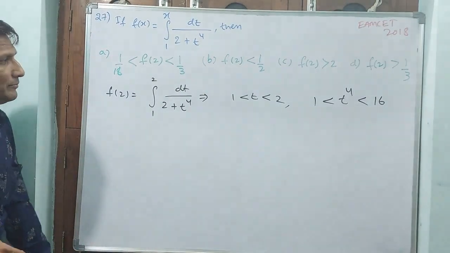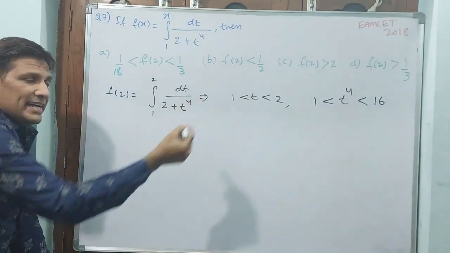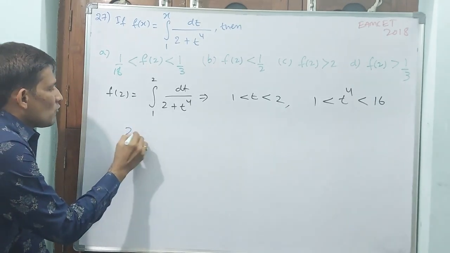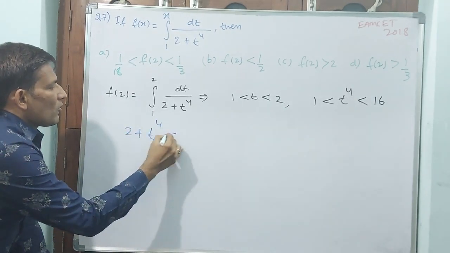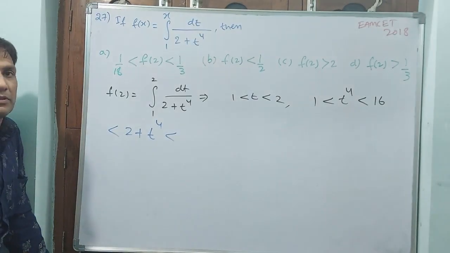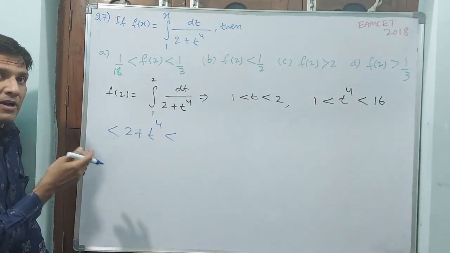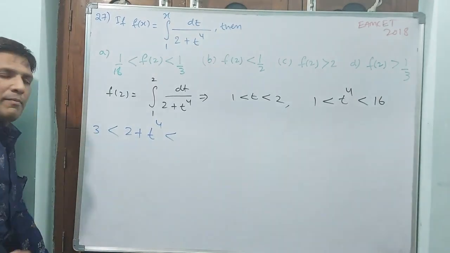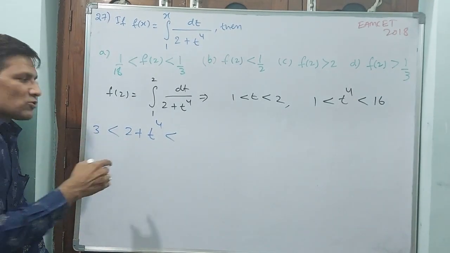Again I will add 2, because 2 plus t to the power of 4. Adding 2: 1 plus 2 is 3, 16 plus 2 is 18.